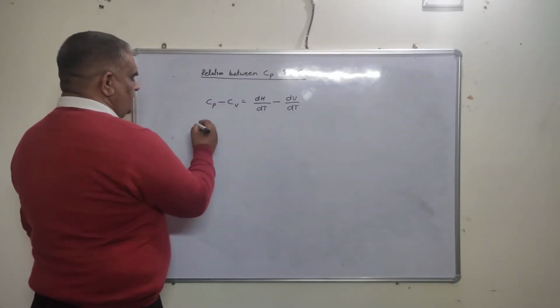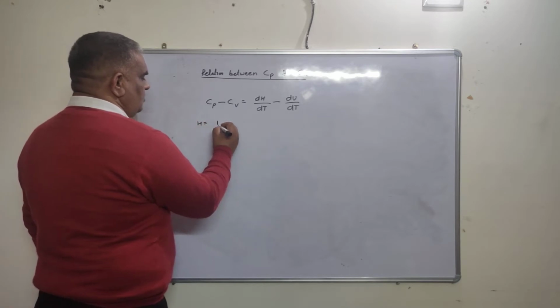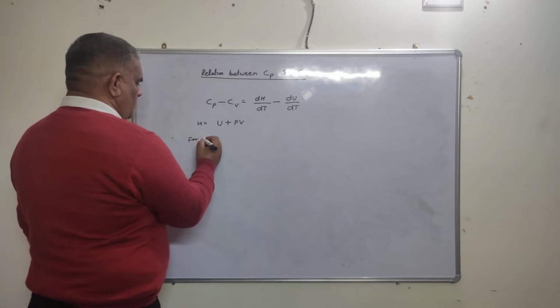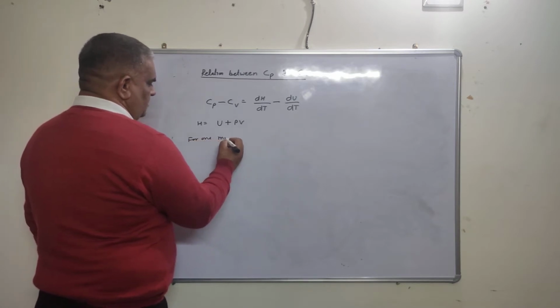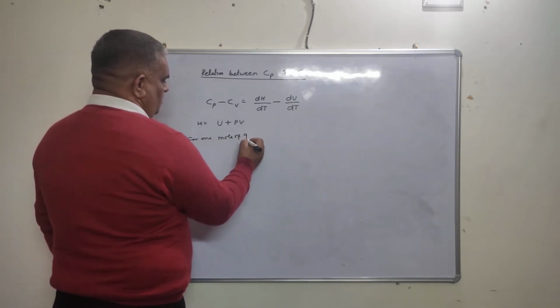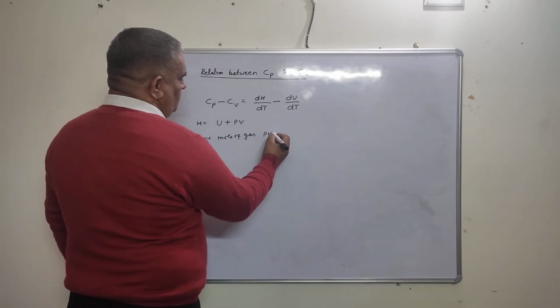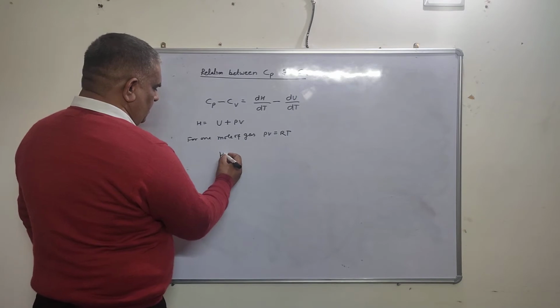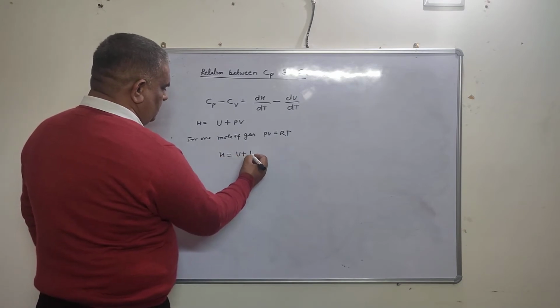We know enthalpy equals U plus PV. For 1 mole of gas, PV equals RT. So we put this value there: H equals U plus RT.